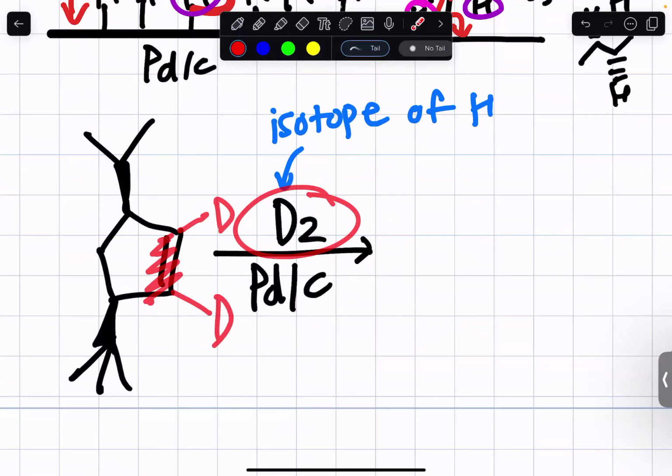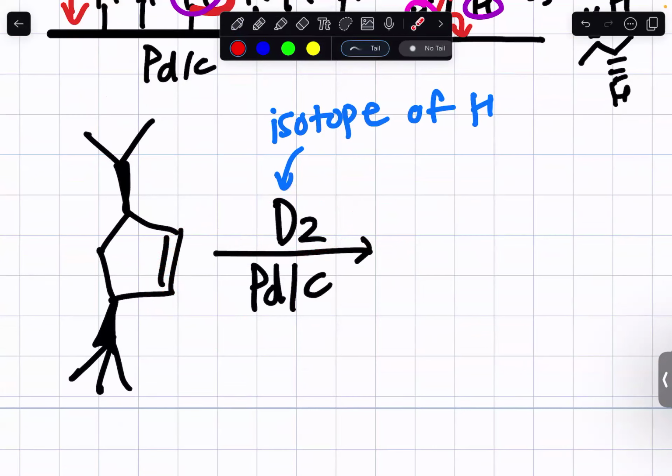But which face is it going to attack? Will it attack the top face or the bottom face? Would it go attack on the top side where the wedges are, or the bottom side where the dashes are, based on what is around in the molecule? The bottom, yeah, that is right because of something called steric hindrance. Do you remember that factor?